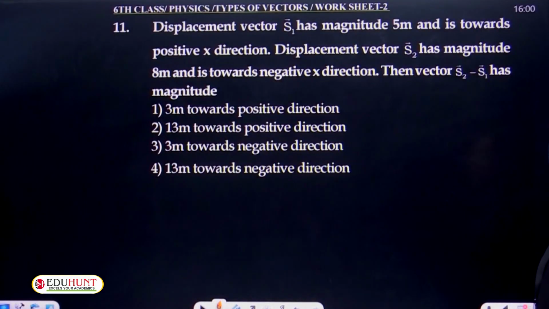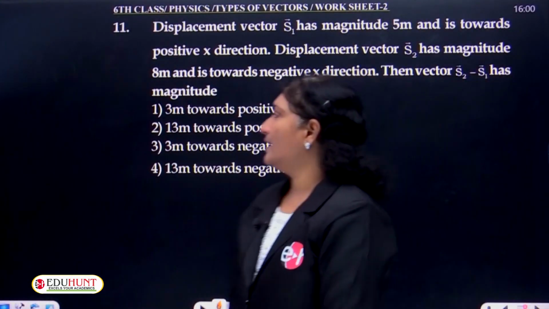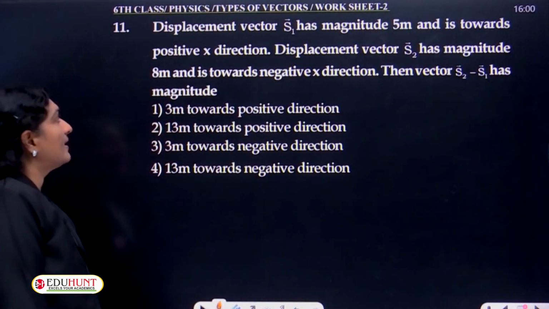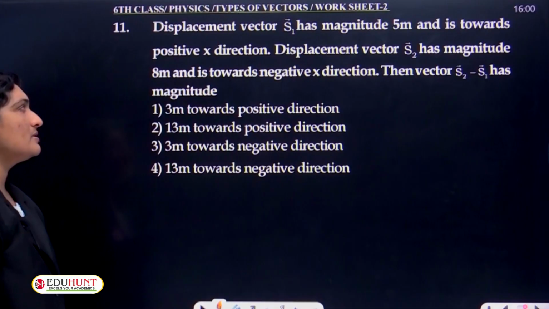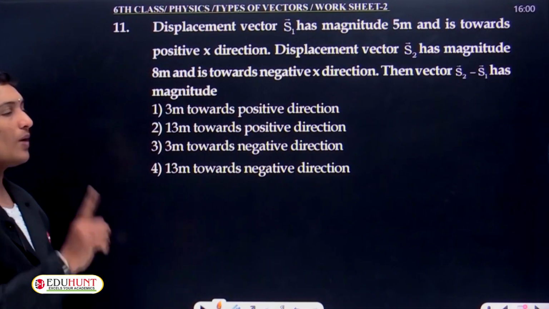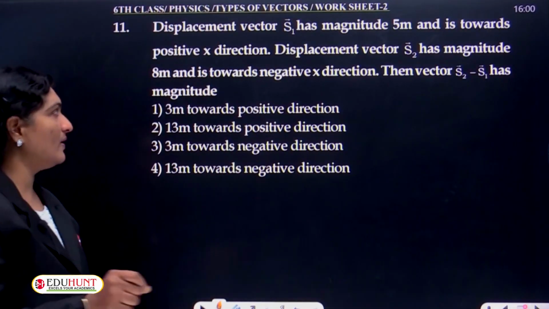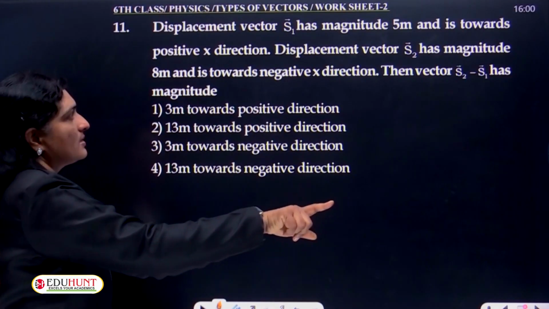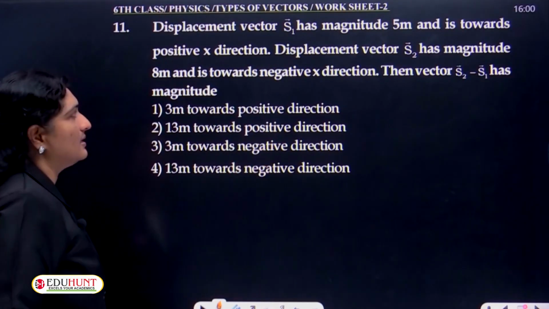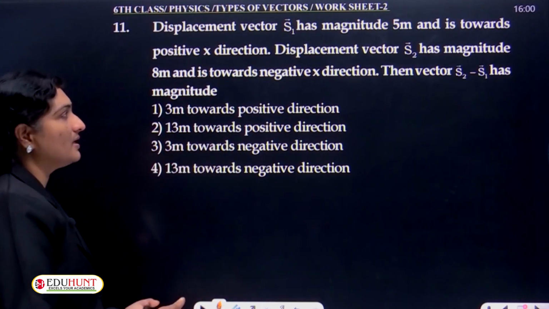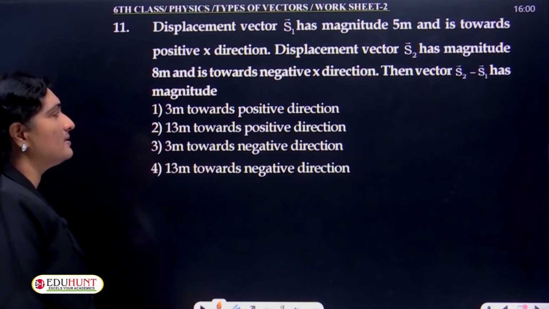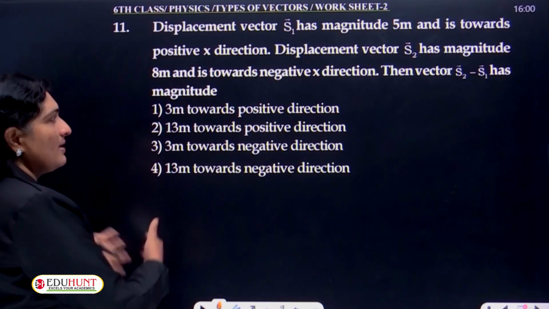So moving ahead with the 11th question, children. The statement is given that displacement vector S1 has magnitude 5 meters and is towards positive x direction. So one vector is given, S1 vector, which is pointing towards the positive x-axis and it covers 5 meters. Another displacement vector S2 has magnitude 8 meters and is pointing towards negative direction.